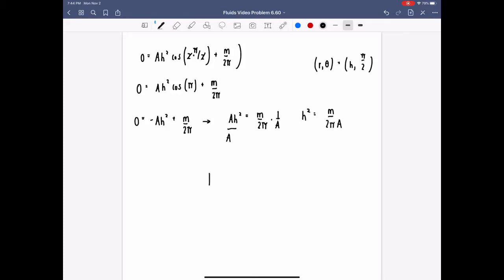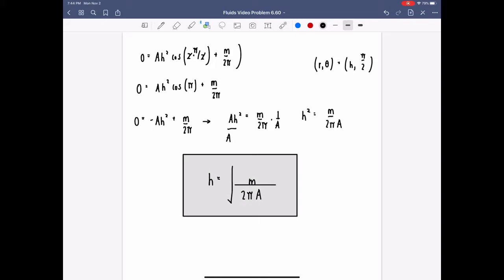So h is going to equal the square root of m over 2 pi a. And that's how you would relate the height of the bump, the source strength, and the constant A in this equation.